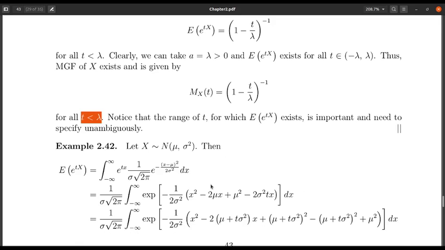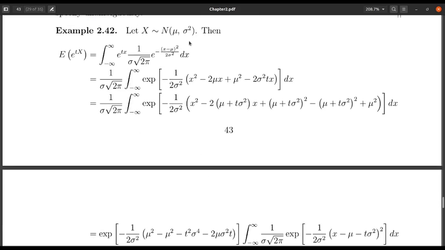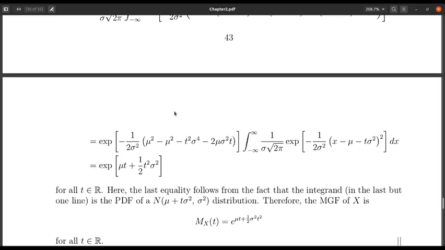Let us consider another standard distribution which is normal, and again the calculation is almost the same: the expectation of e to the power tx can be written as the integral from minus infinity to plus infinity of e to the power tx multiplied by the probability density function. Once you do the simple algebra, you will get that the expectation of e to the power tx turns out to be e to the power mu t plus half t square sigma square.